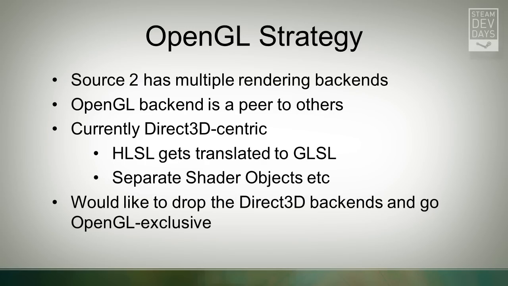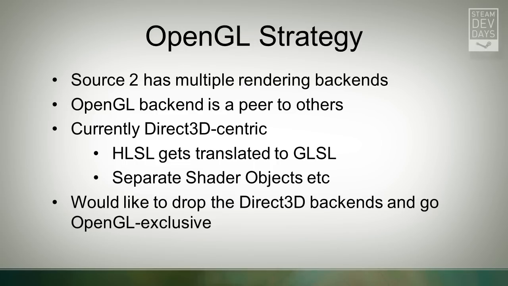So Source 2, you'll probably hear some folks mention that here at the show. It's what we're calling our next engine. We're not talking a lot of detail about the engine, other than to say it has multiple rendering backends. OpenGL is just one of them. The engine itself has some D3D-isms to it because of its heritage.